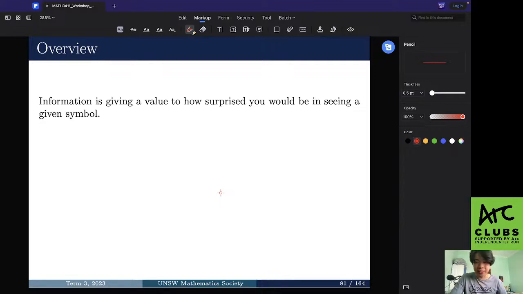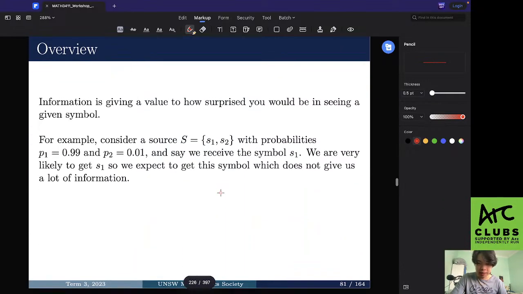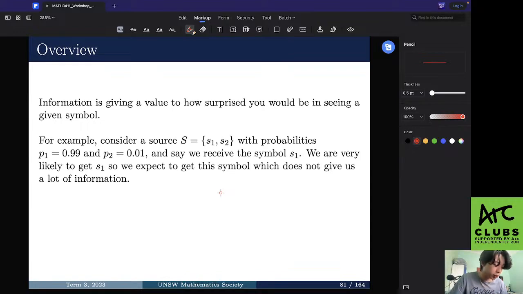So let's give an example. Let's say that we have source S1 and S2, which means you can either get an S1 or an S2. And we can get S1 99% of the time, and we get S2 1% of the time. So if we get S1, we're like, hey, we're getting this like 99% of the time, right?